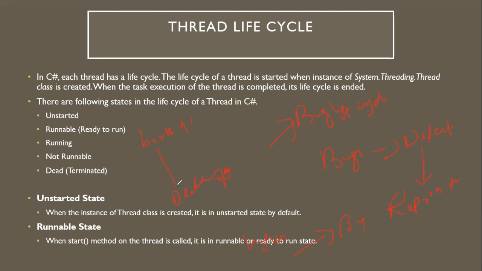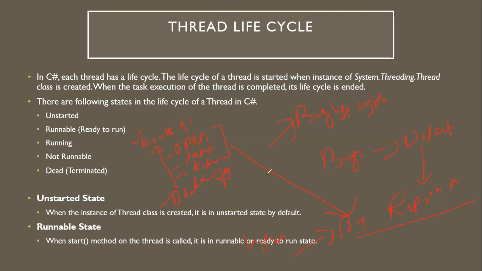So within this birth and death, there are different states. You have an open state when you open the bug for the first time, and then rectified state, which means the bug has been rectified. Then there's a retesting state. So these are states between the birth and the death of the bug, and these states are implemented in the bug life cycle, which is present in your bug reporting tool.